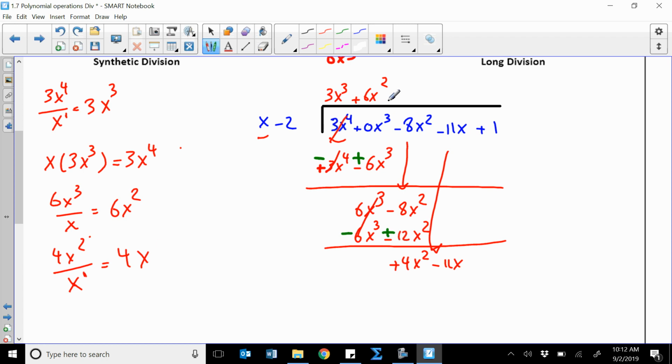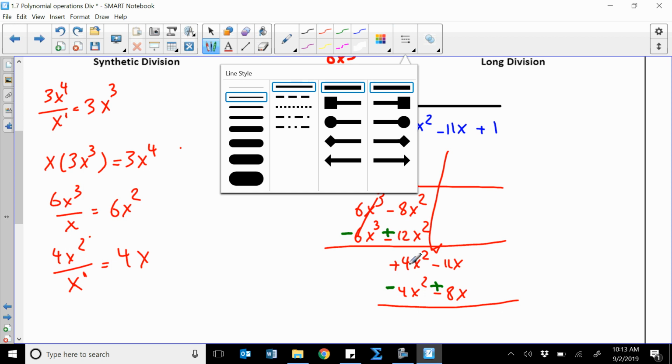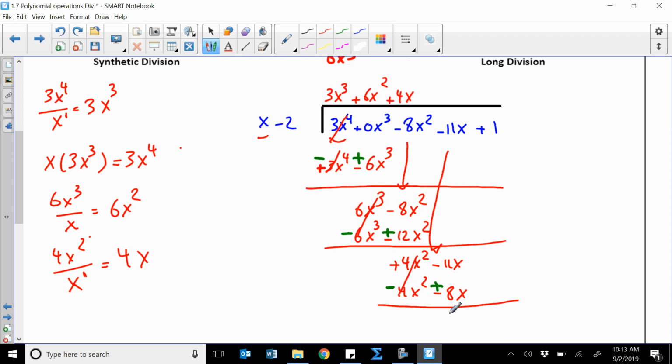So it's plus 4x, and then multiply 4x by x and negative 2. It will be 4x squared, and times negative 2 is negative 8x. Subtract and change the signs, so this will be negative and positive here. Then these two will cancel each other.